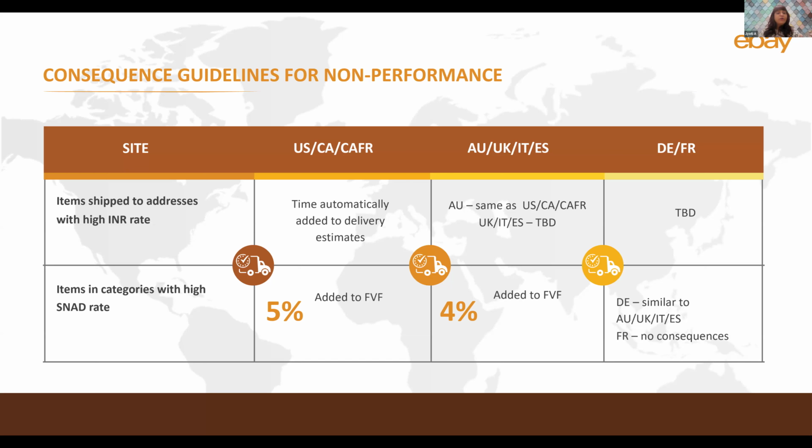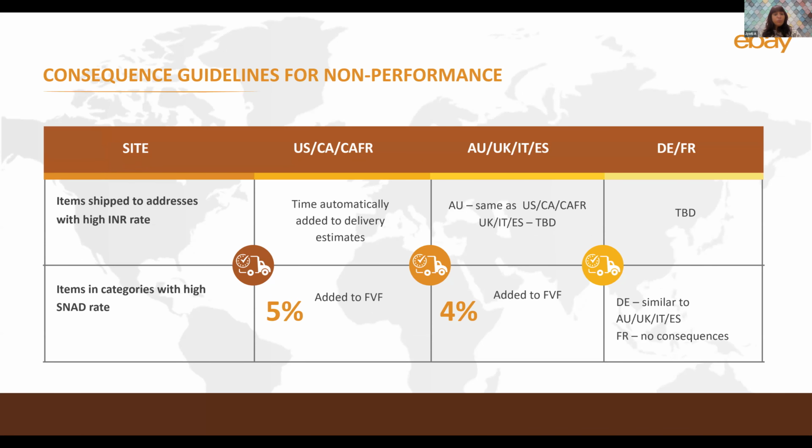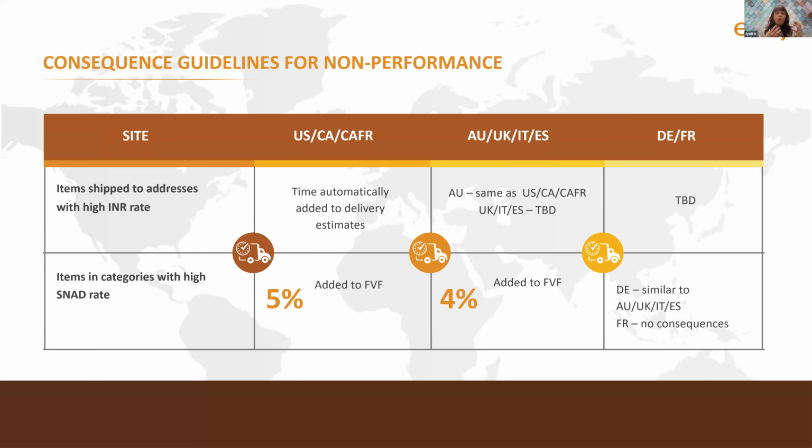Whereas for categories that you've been assessed as very high for item not as described, or SNAD rate, there will be an additional 5 or 4% depending on the region on which you have listed, whether it is USA, Canada, Canada French, Australia, UK, Italy, Spain, DE, that is Germany, or France.